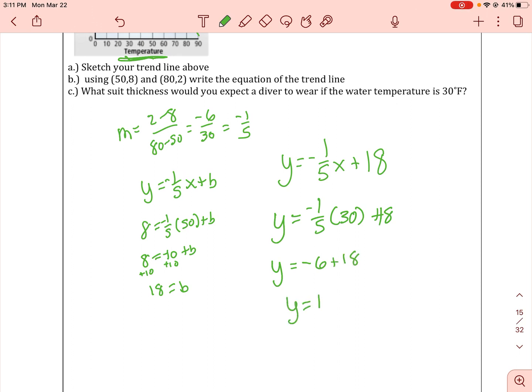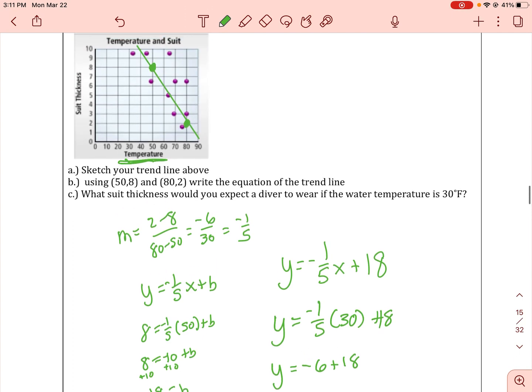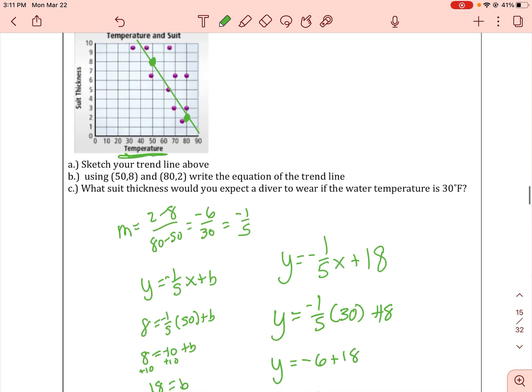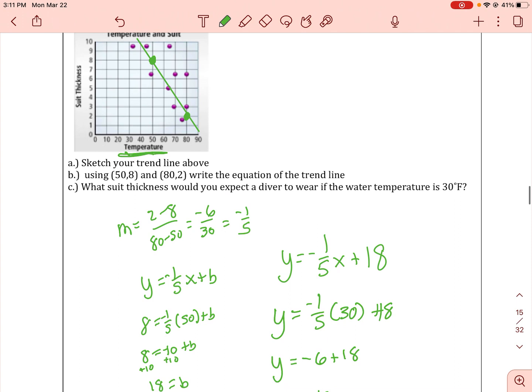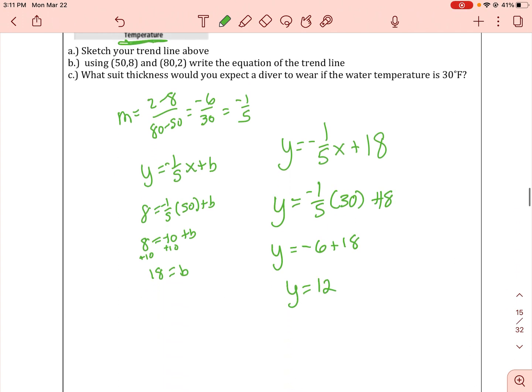So Y is going to equal 12. So I would expect the soot to be about 12 inches, millimeters, whatever the unit of thickness is for that soot.